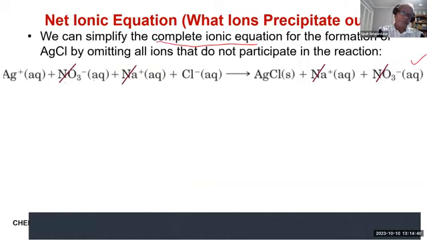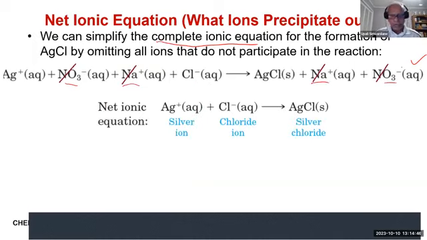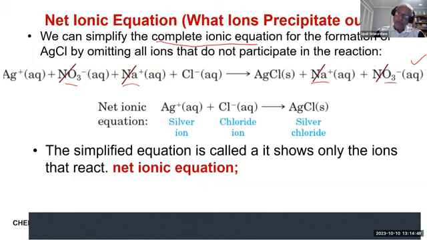They have ions found on both sides. They're called spectator ions. When you remove spectator ions, you get the third equation, which is called the net ionic equation.